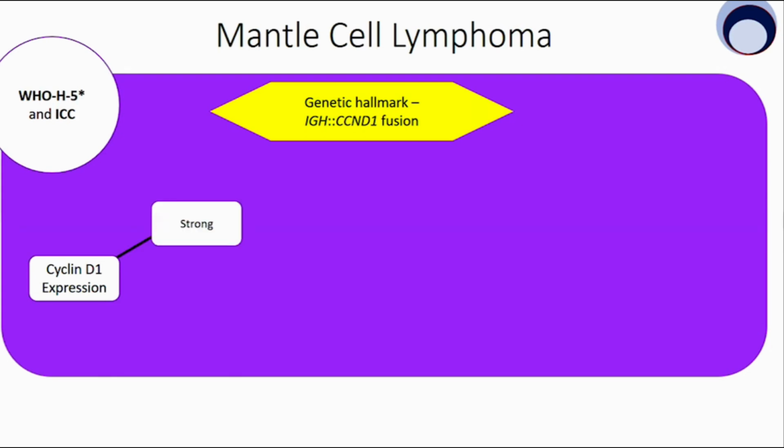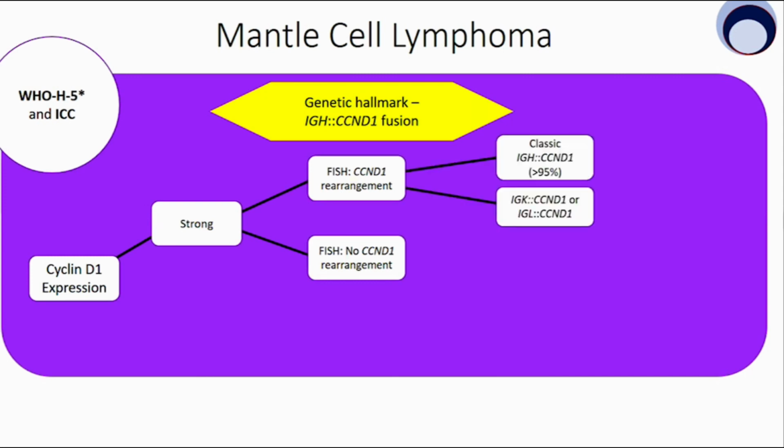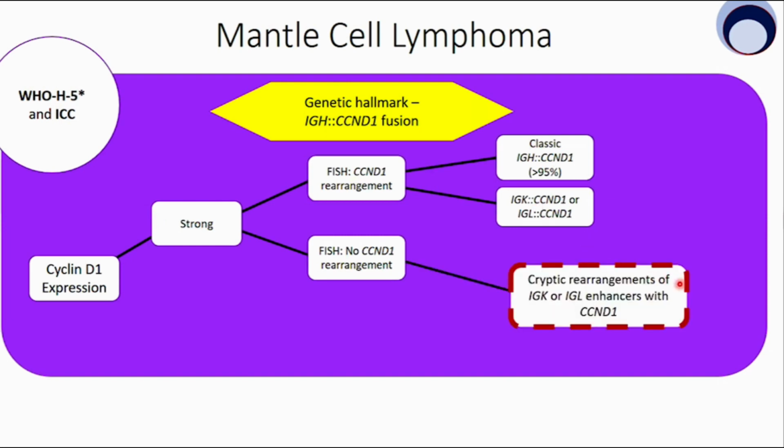The definition has been revised a bit to include cases that lack the CCND1 rearrangement. These findings were already present in the 4R, but cryptic rearrangements of Ig kappa or lambda enhancers acting on CCND1 is something that both new systems address as a possibility.